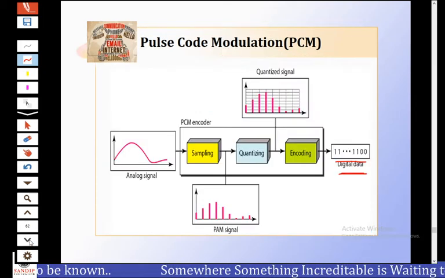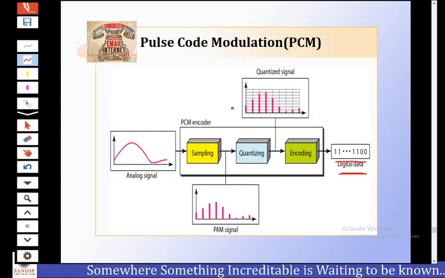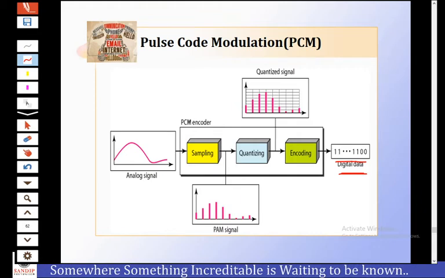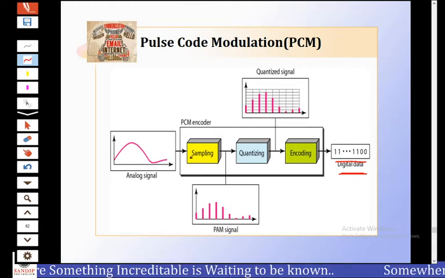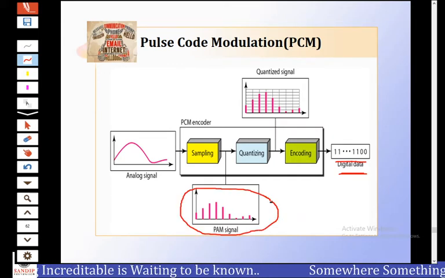Explanation of the block diagram. This is the simple work of the PCM encoder only. The input to the PCM encoder is your analog signal, then it is applied to the sampling. This is the sampled signal, that is, the pulse amplitude modulated signal.